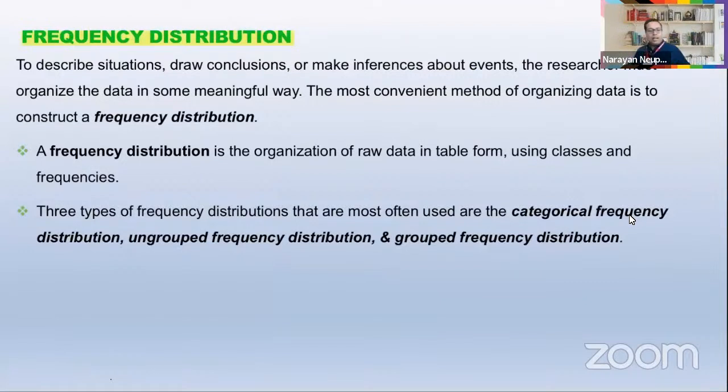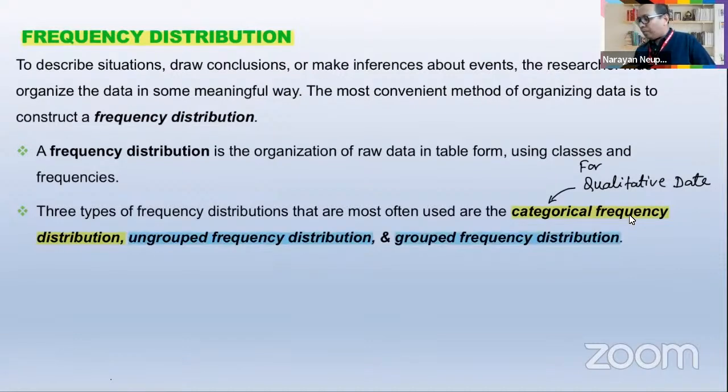We have seen in previous class, there are two different types of data, qualitative data and quantitative data. If the data is qualitative, we make categorical frequency distribution. So this one, categorical frequency distribution, this is for qualitative data. And then the other two that we have here, that is ungrouped frequency distribution and grouped frequency distribution.